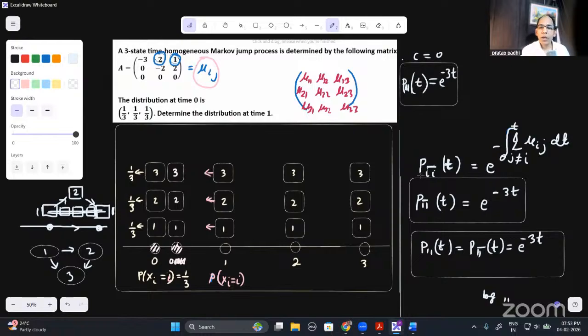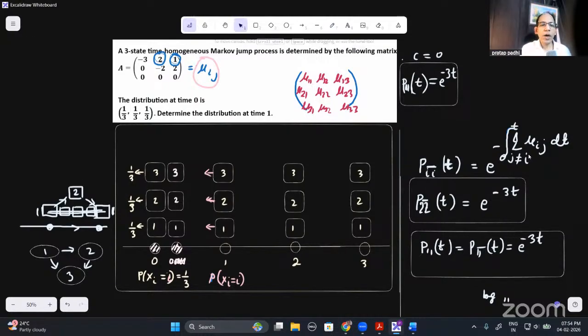Now, you apply the same for 2, 2 as well. So you make it 2, 2 here. If you change it to 2, 2, then adding 0 plus 2, you will get 2 here, right? How about the third one, 3, 3? If you put 3, 3 here, the mu's are 0, e power 0 will be 1.